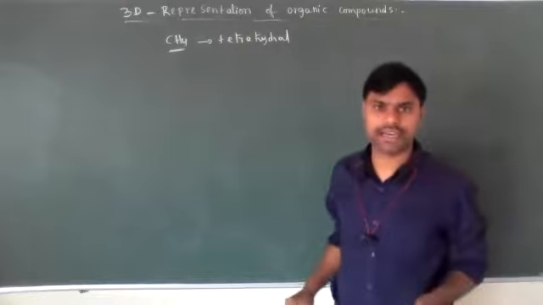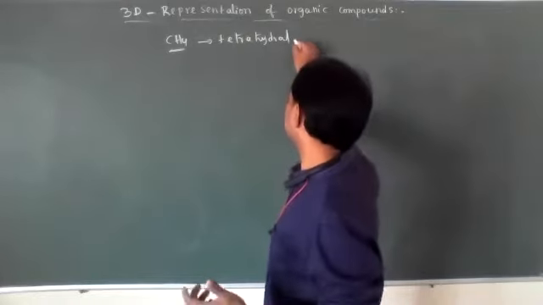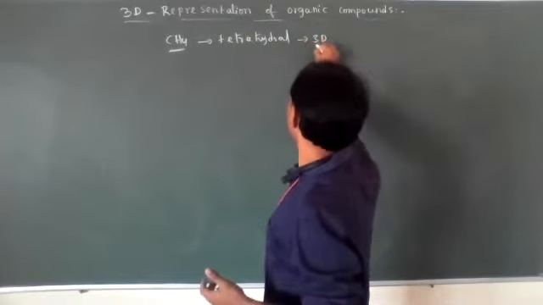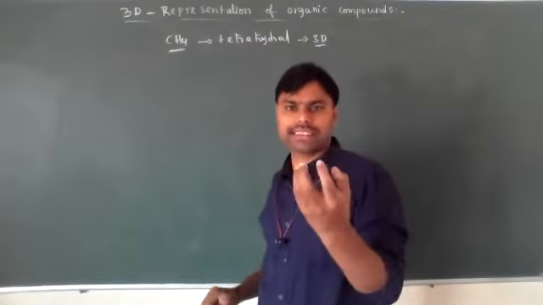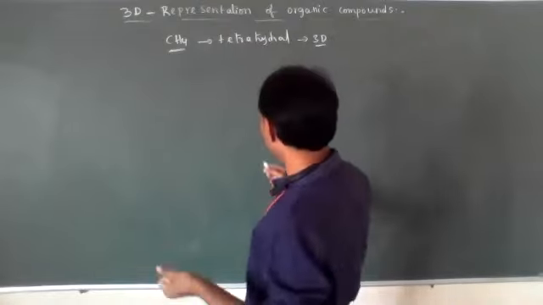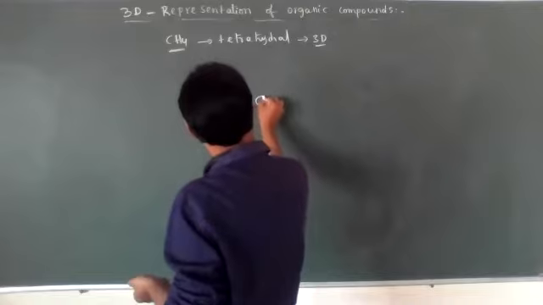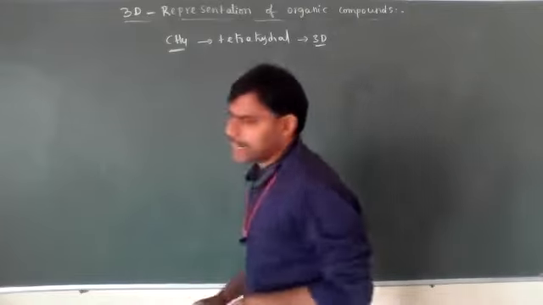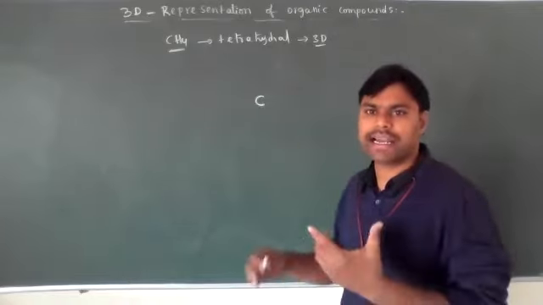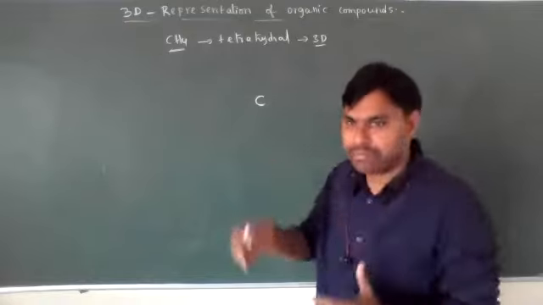Tetrahedral structure means it is 3-dimensional. A tetrahedral molecule is nothing but a 3-dimensional molecule in which carbon and the remaining 2 hydrogen atoms, or any other 2 groups, are present on the plane.